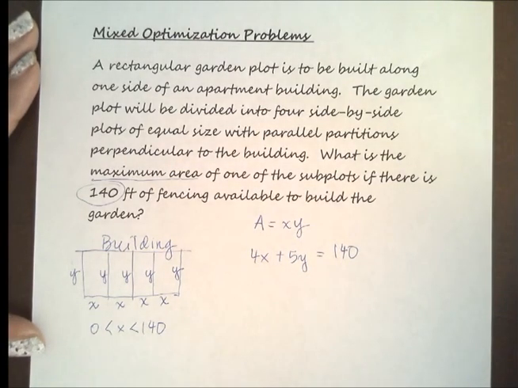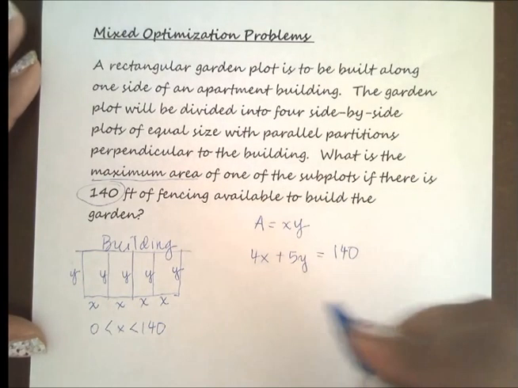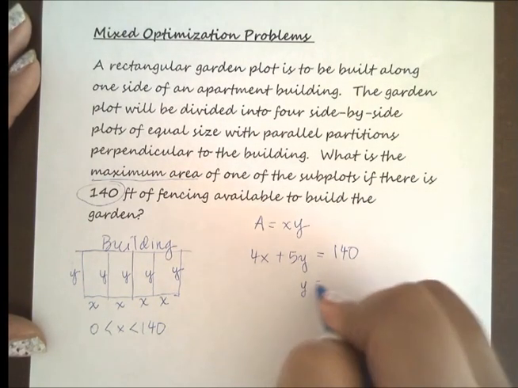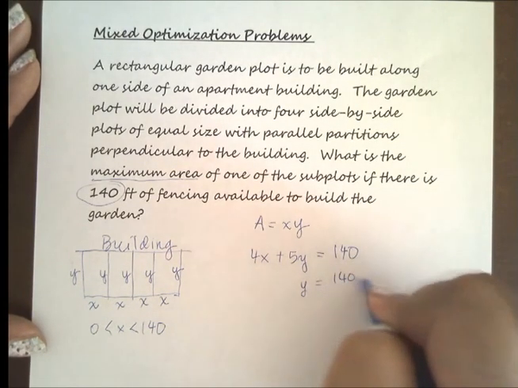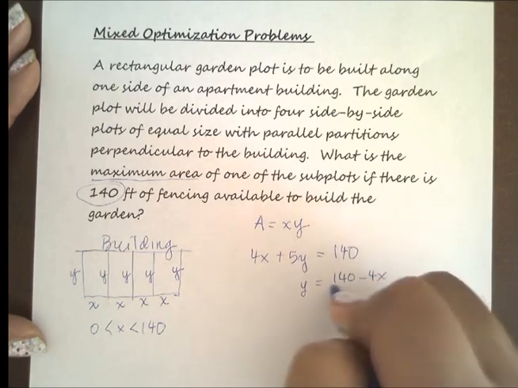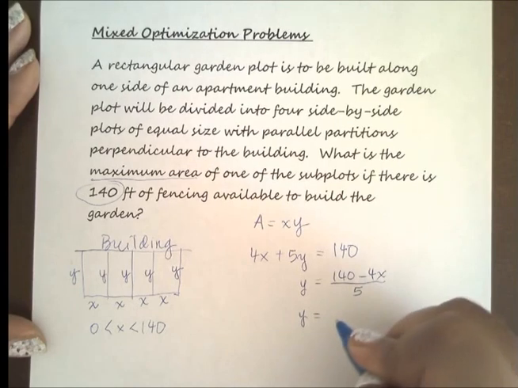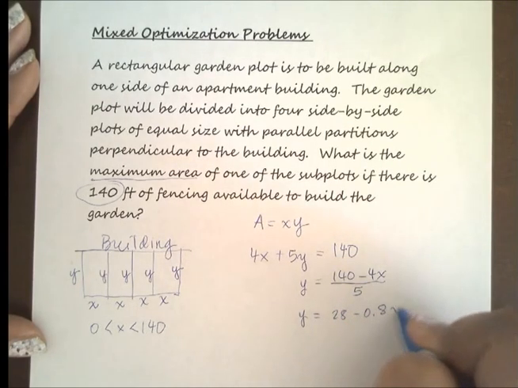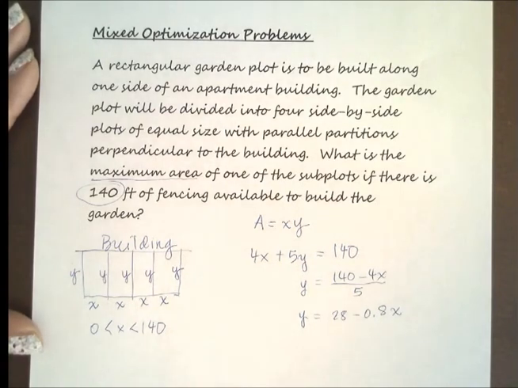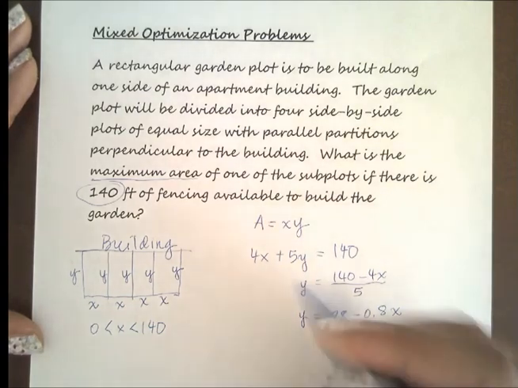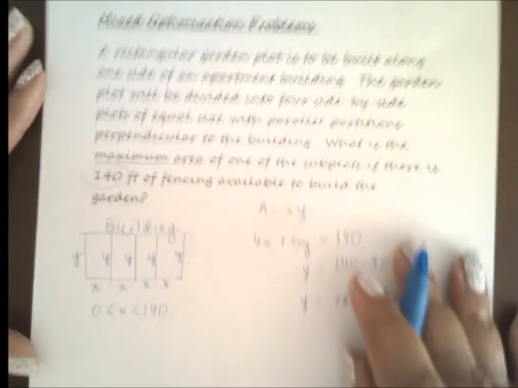I'm going to solve this equation for y. So y is equal to 140 minus 4x, and I'm going to divide that by 5. So I'm going to write it as y equals 28 minus 0.8x. 4/5, 0.8, same number. And now I can go back and write my optimization as a function, my area function.